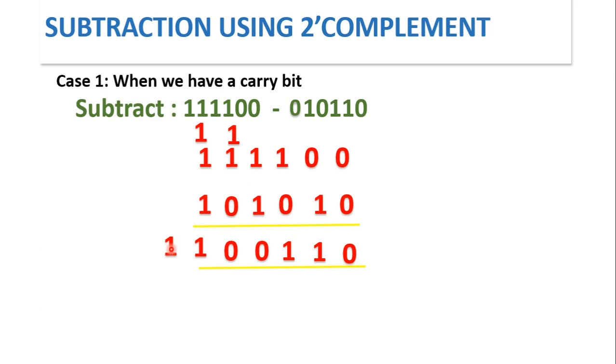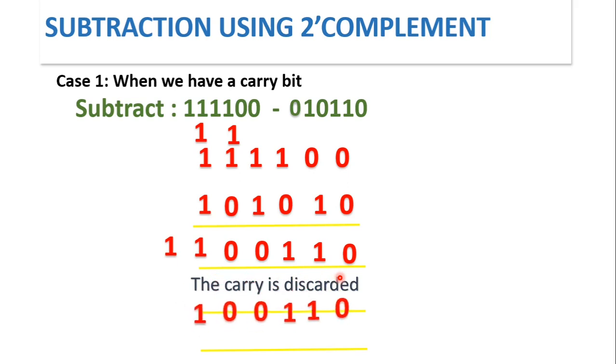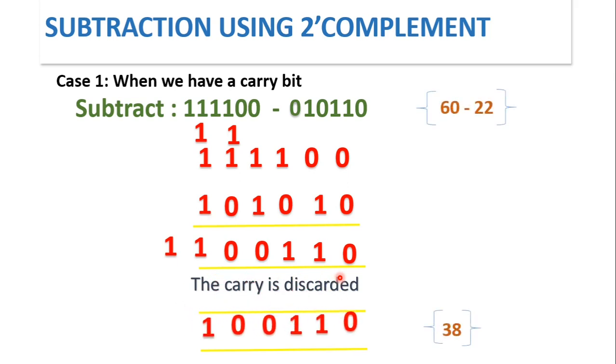So when you have an extra carry bit and when you are doing a subtraction using 2's complement, you have to discard the carry. So when you discard this carry, you get the answer 100110. You can even cross check it. The numbers were 60 minus 22 and the answer is 38.